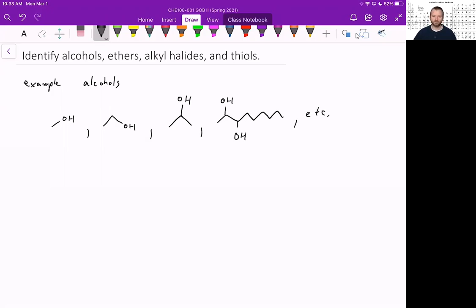There are lots of those. What all the alcohols have in common are those OH groups. Those OH groups are also called hydroxyl groups.